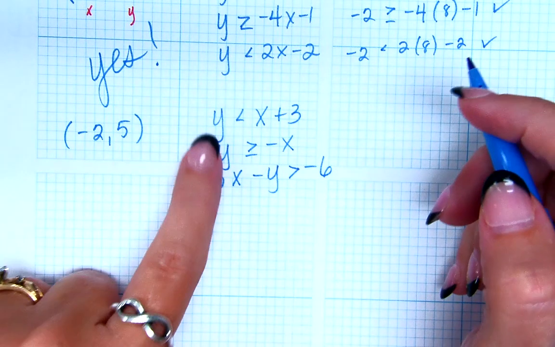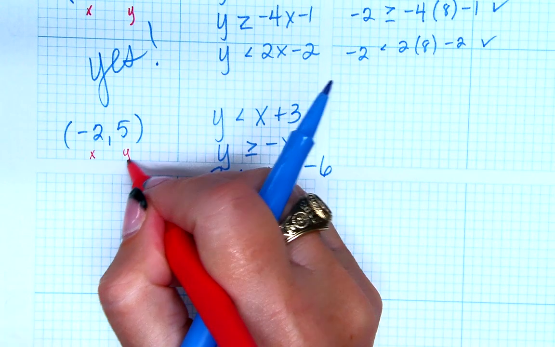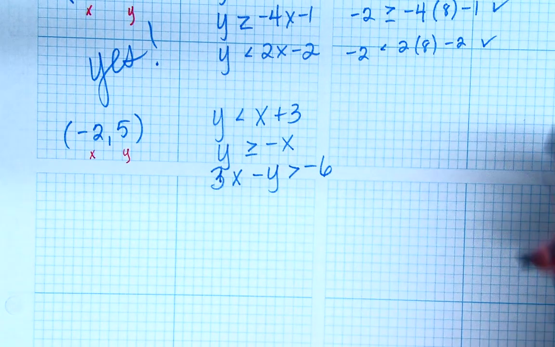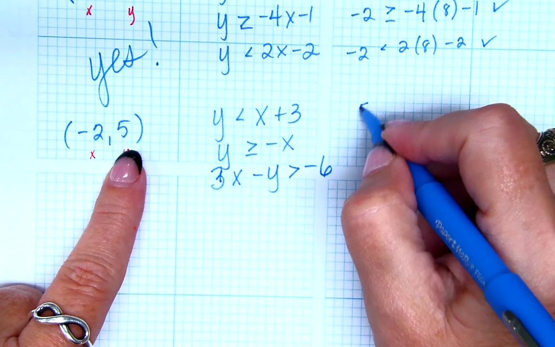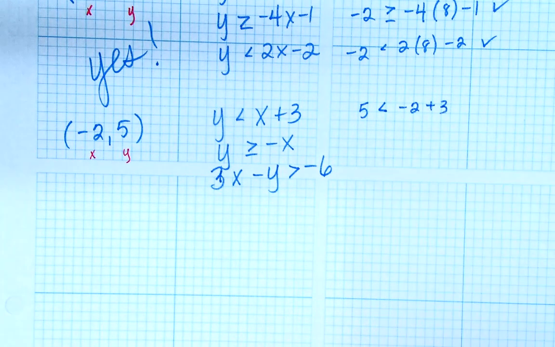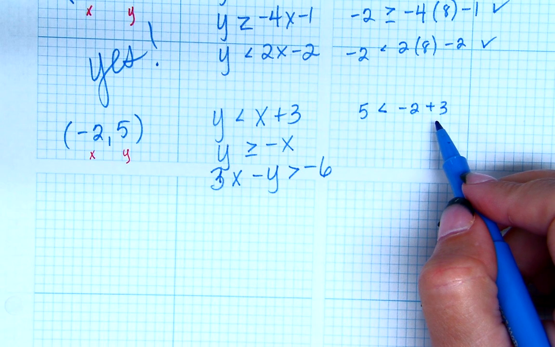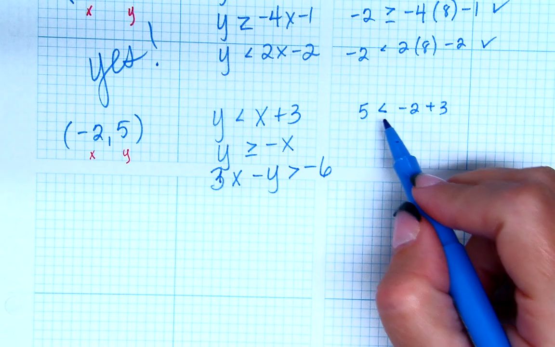Plug it in, okay? So once again, this is x, this is y. So 5 is less than negative 2 plus 3. What's negative 2 plus 3? 1. 5 is less than 1. Wrong.